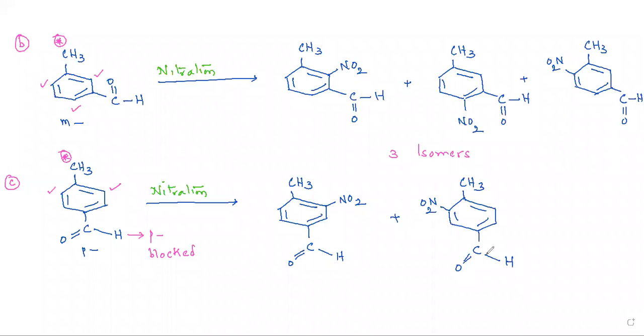You can see that both are same. Starting from the carbon that has aldehyde, it becomes 1, 3, 4, right? So they are the same isomers, same and just one isomer.